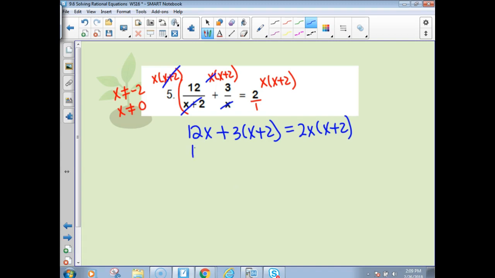All right, we got to do some distribution. So let's see, we got 2x squared plus 4x on the right. I'm going to set this to 0. That's 15x, right? Put those together. I have to subtract 15x. I'm going to have minus 11x and then minus 6.